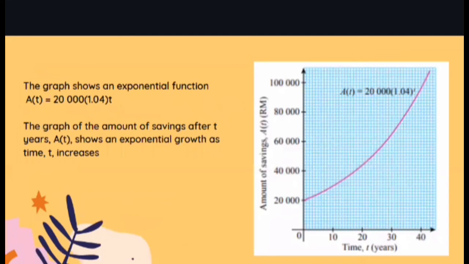This is a graph that shows an exponential function A_t equals 20,000(1.04)^t. The graph of the amount of saving after 3 years A_t shows an exponential growth as the time t increases.